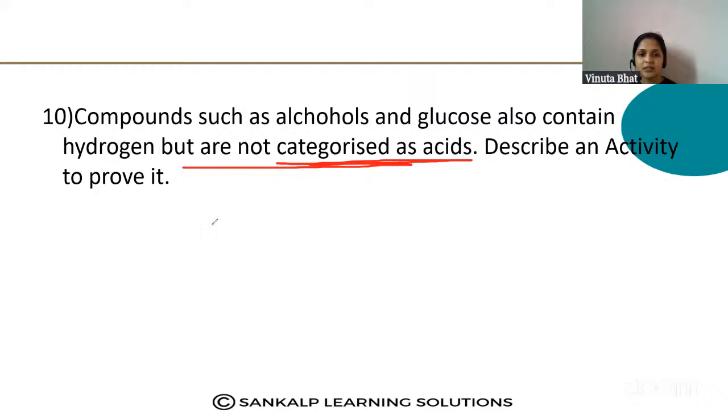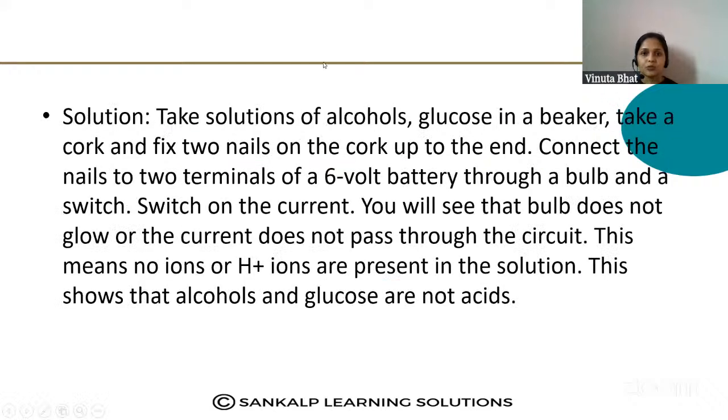Why are they not considered as acids? Describe the activity. For this, you have to take the solutions of alcohol and glucose in a beaker, take a cork and fix two nails in it, and connect the nails to the terminals of a 6-volt battery through a bulb.